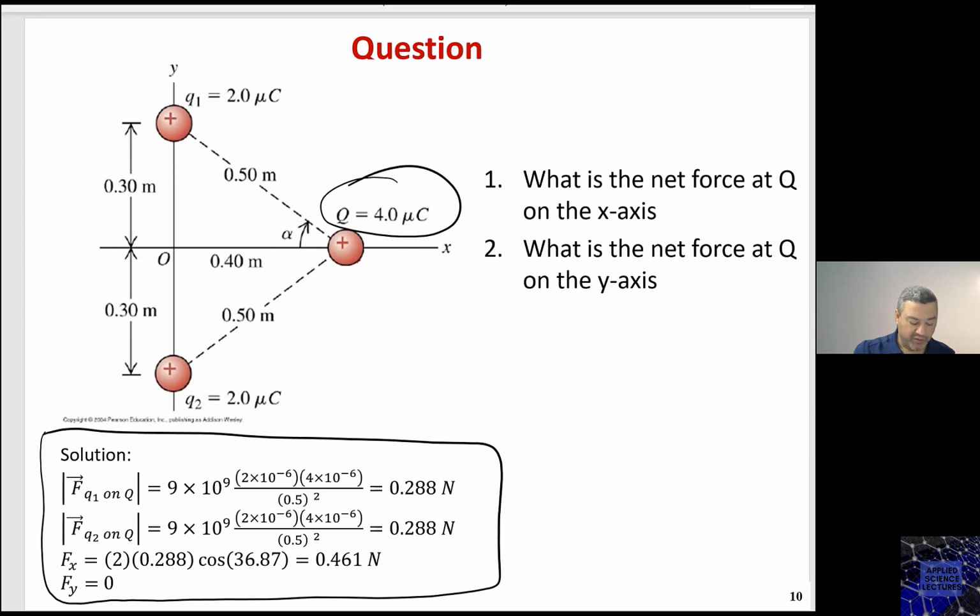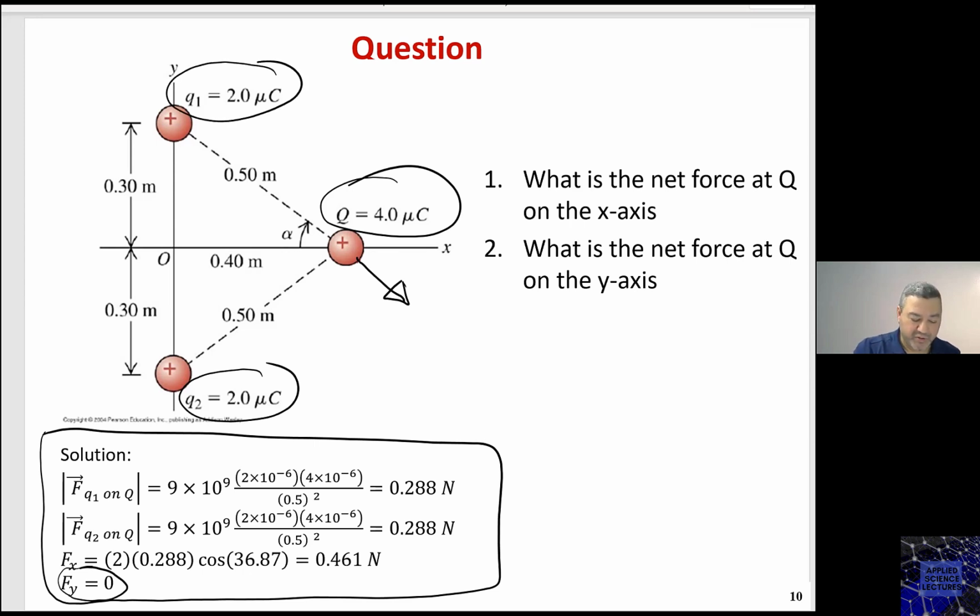But what I want you to pay attention to here is why Fy is 0, why the net y component on the charge Q is 0 due to the symmetry. Due to the symmetry, as you can see, just by inspection, this is positive, positive, then the force exerted on this is in this direction. And as you can see, Q2 is also the same.